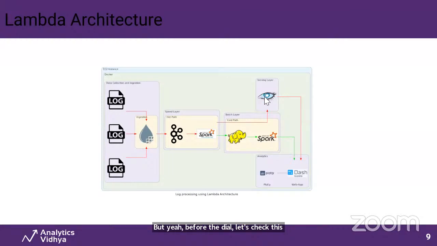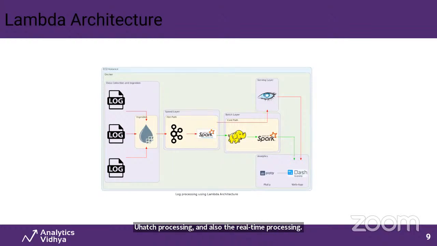Sorry. Yeah. So once the batch processing is done, as I mentioned in the starting of the session, we will have the best of these two, the batch processing and also the real-time processing. This is a hybrid of these two.